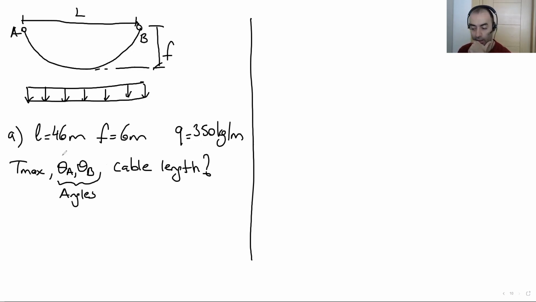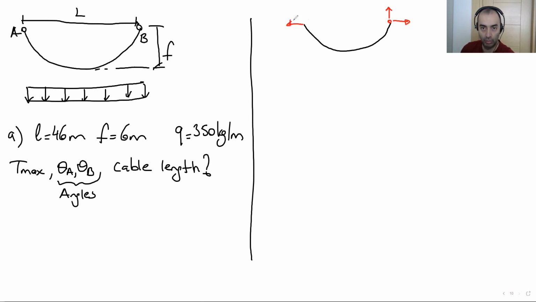Here, as you can see, the cable system and all the data are given in the question. For A, we have to calculate the vertical and horizontal components at the supports.